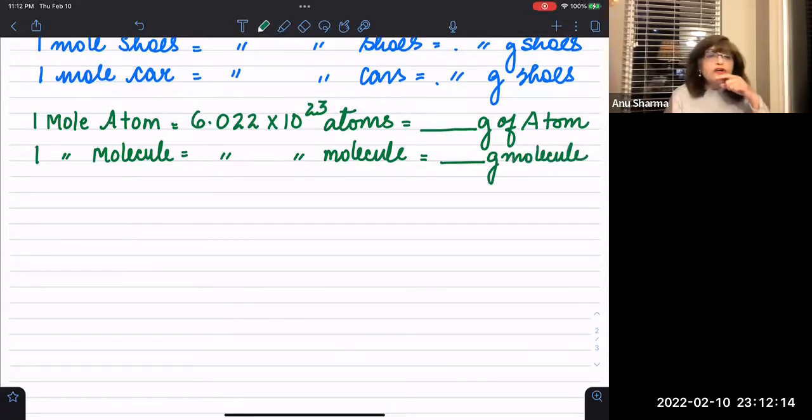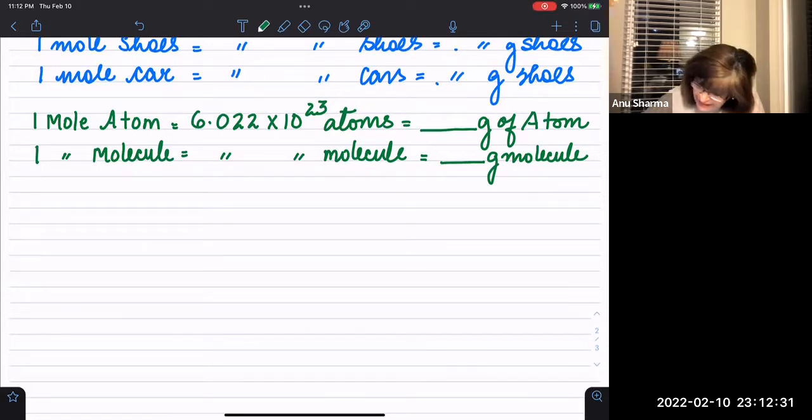For example, gold just by itself is atomic, but water is a molecule. So water is made up of H2O and gold is just Au.